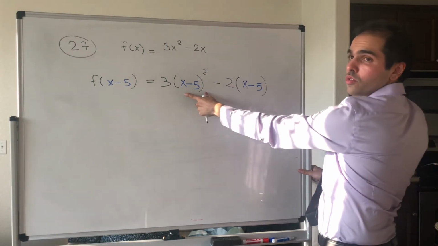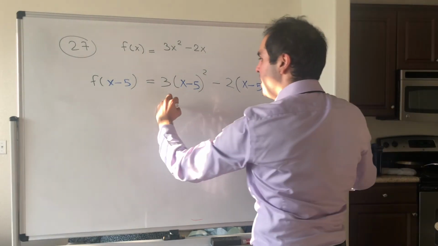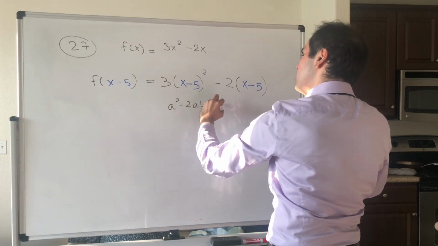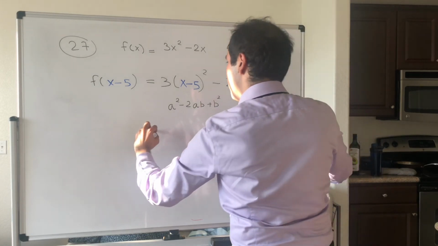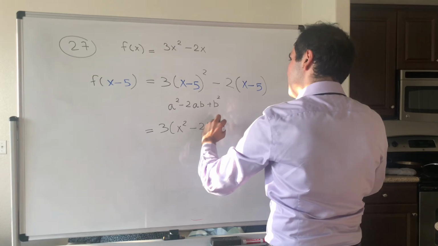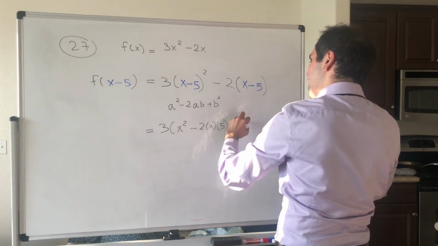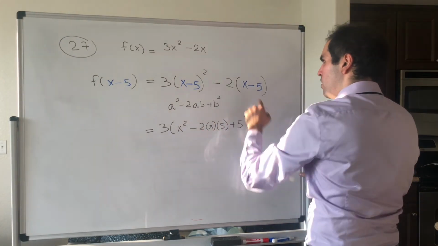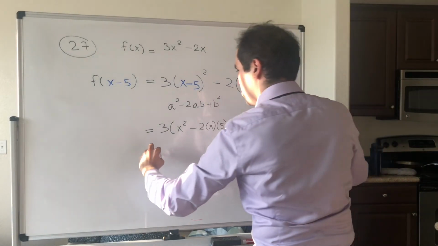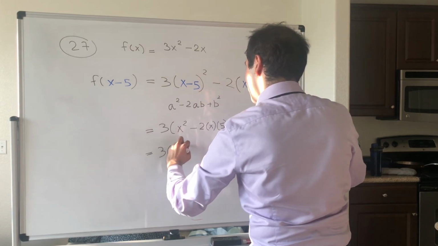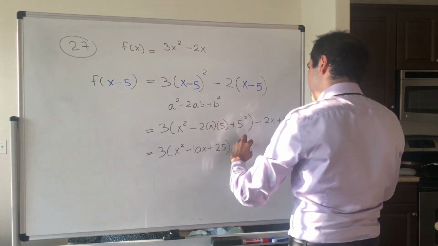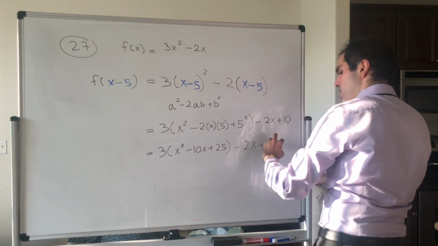Here all you need to do is use the identity a minus b squared is a squared minus 2ab plus b squared. So this becomes 3 times x squared minus 2 times x times 5 plus 5 squared, and then minus 2x plus 10. This becomes 3 times x squared minus 10x plus 25 minus 2x plus 10.